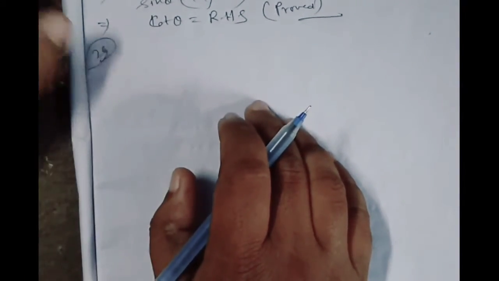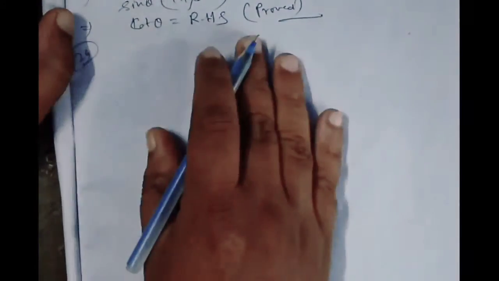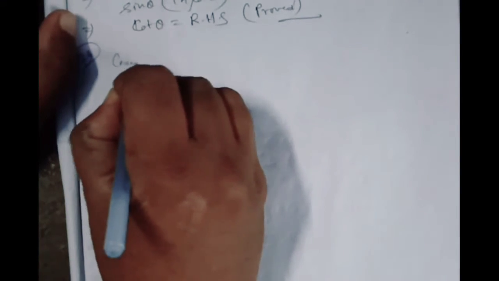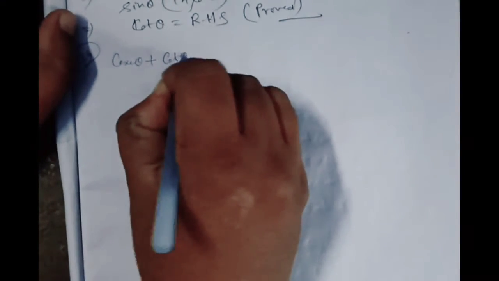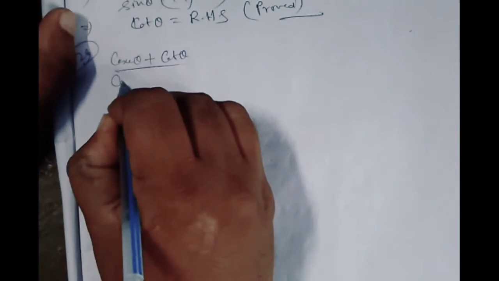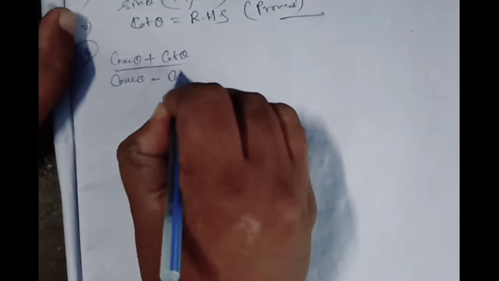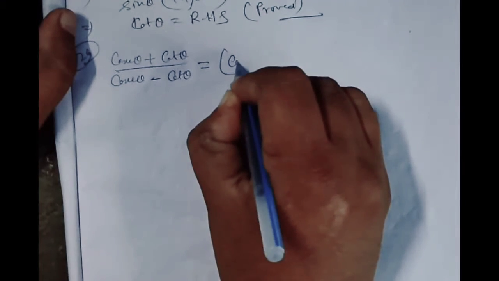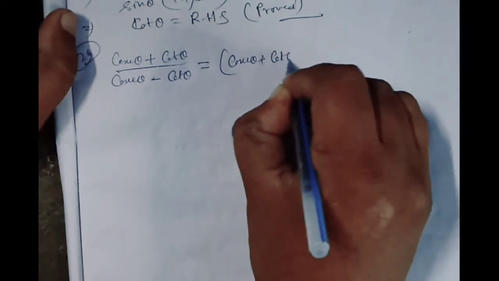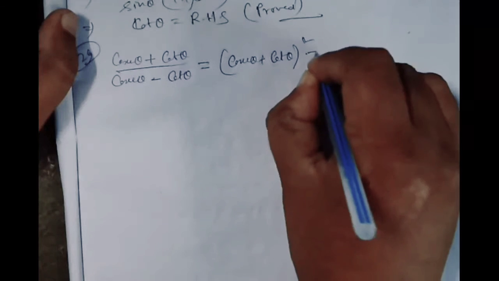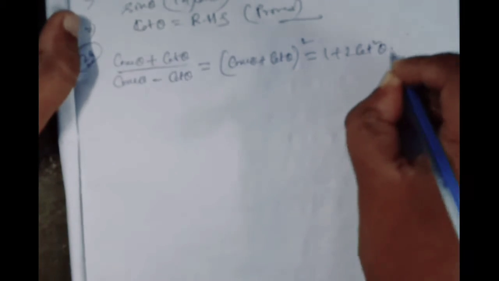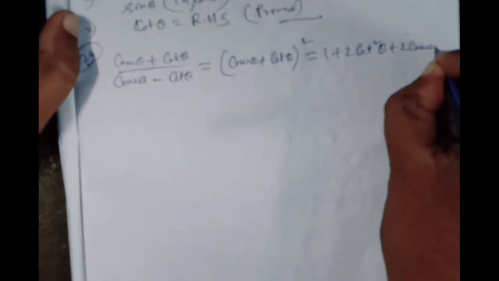We have to show that (cosec theta plus cot theta) by (cosec theta minus cot theta) is equal to (cosec theta plus cot theta) whole square, which equals 1 plus 2 cot square theta plus 2 cosec theta cot theta.